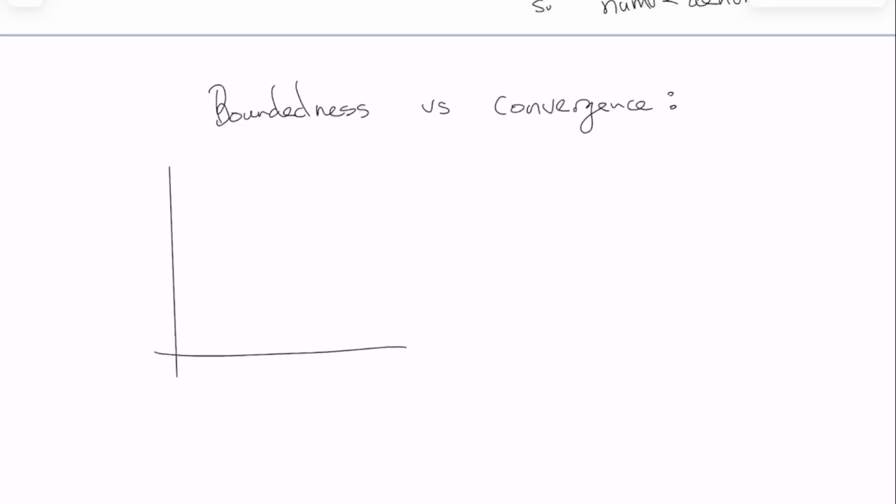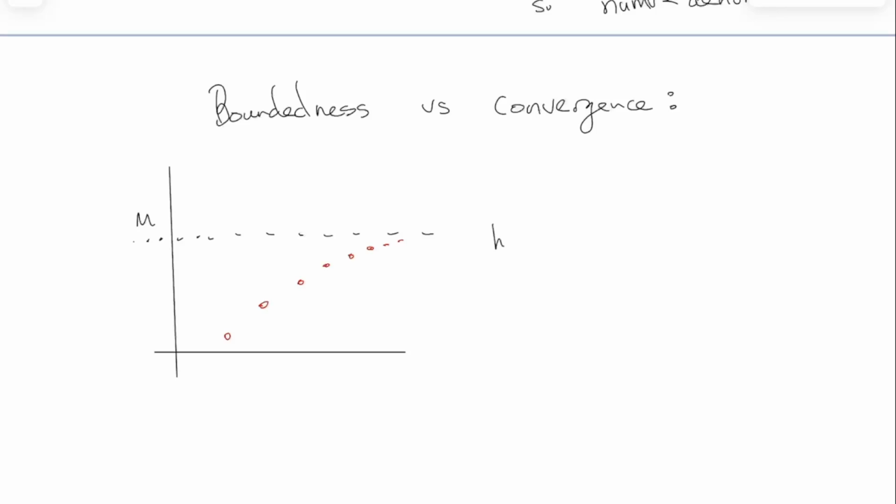So there is a relationship between boundedness versus convergence. They are similar, but not exactly the same. So, for example, I'm just going to draw a similar picture again. If I have some kind of upper bound like this, I'll call it M, and the sequence goes up to M like that.